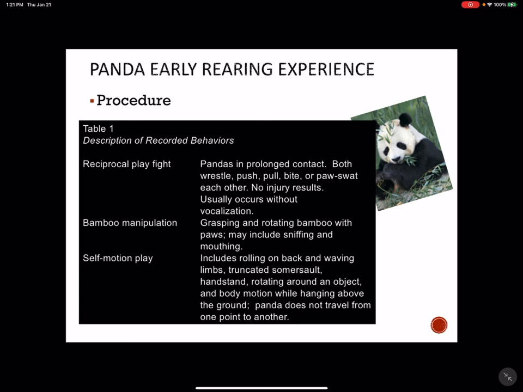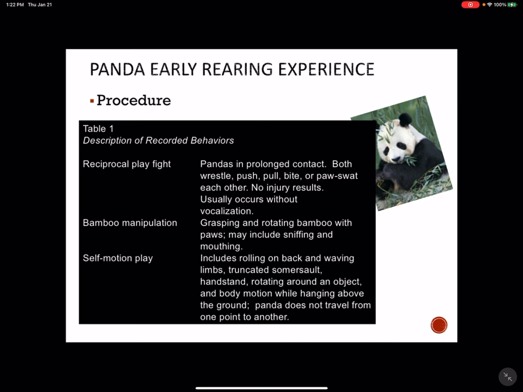They recorded the pandas for a specific length of observation, let's say an hour, and they noted how much of the time, on their watch, they looked at the minute hand, pandas were engaging in reciprocal play fight behaviors. And that's a species typical behavior.